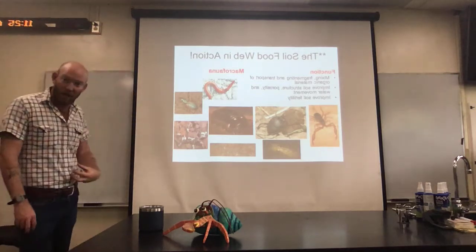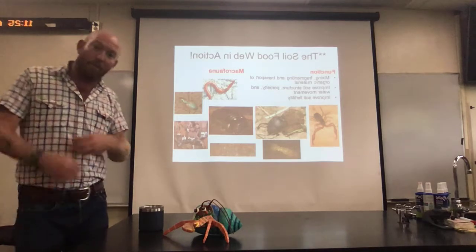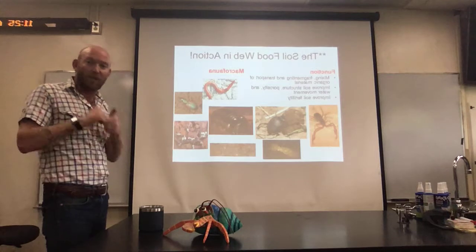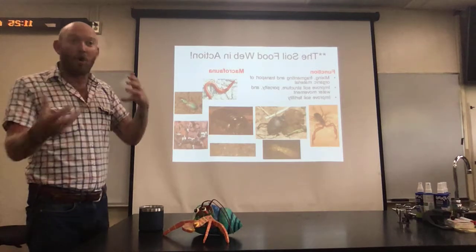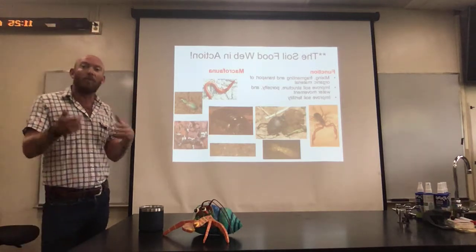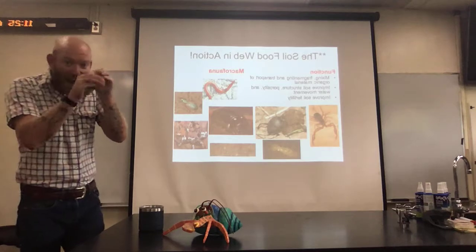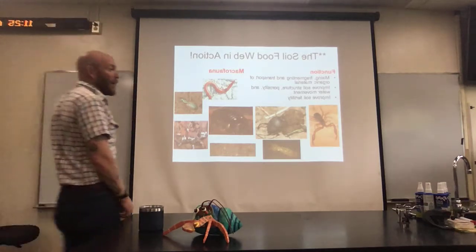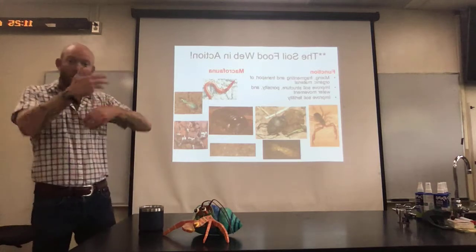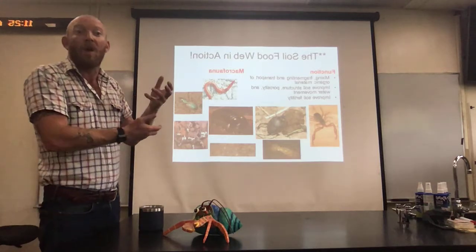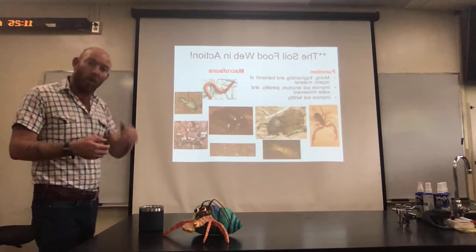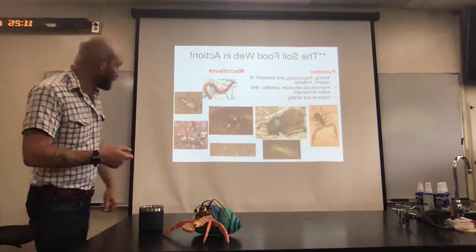Some of it goes through their gut and becomes further broken down, which increases the surface area even more, which allows microbes to have access to do their thing and further break those materials down and change plant litter into soil organic matter, right?